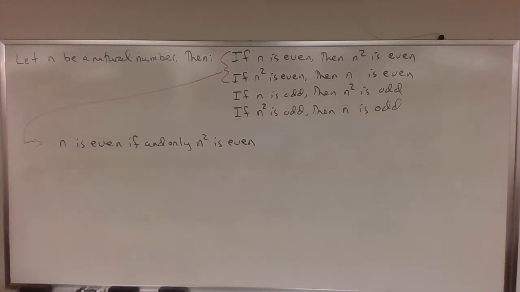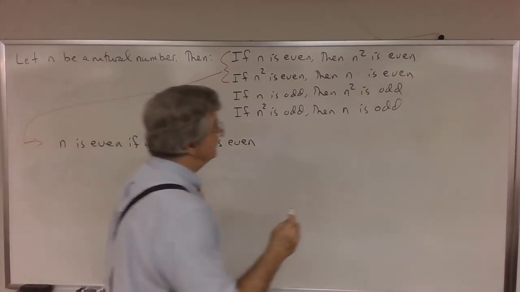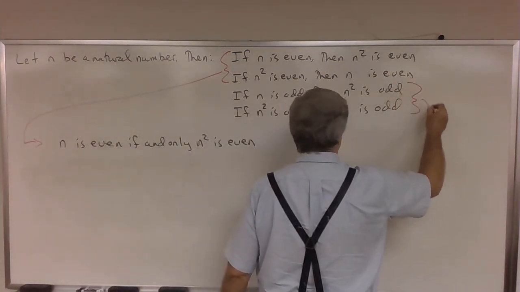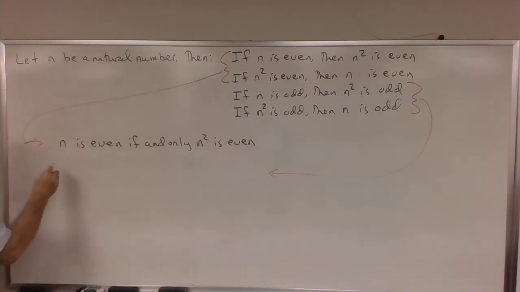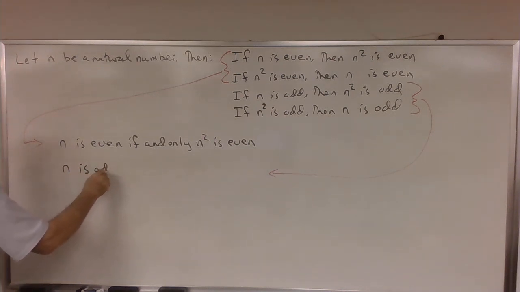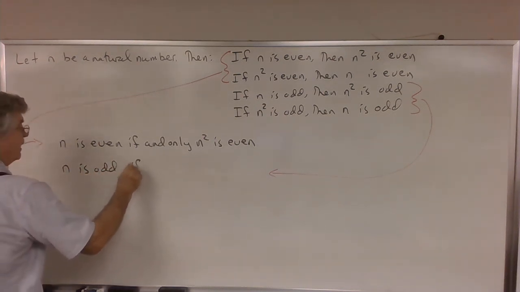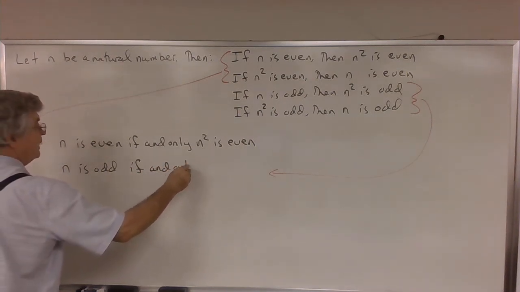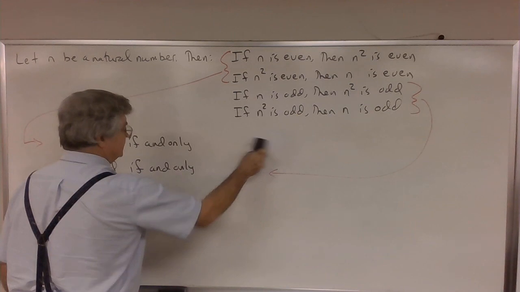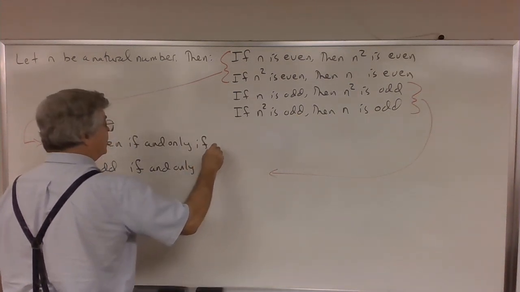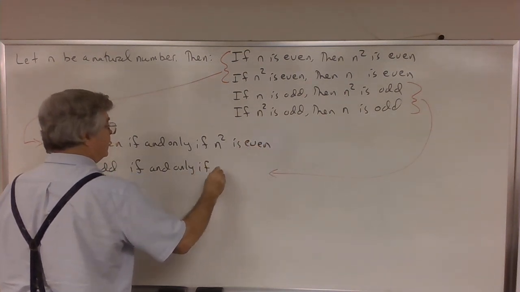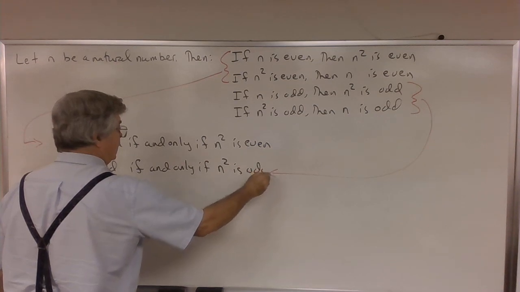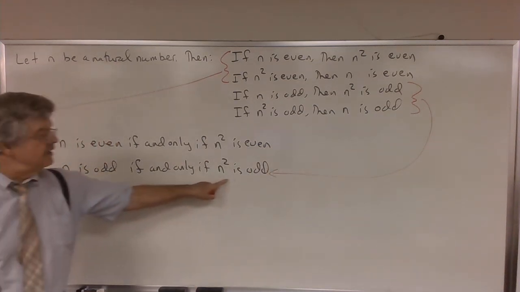Okay? And guess what? These two can be put together to form this statement. n is odd if and only if n squared is odd.